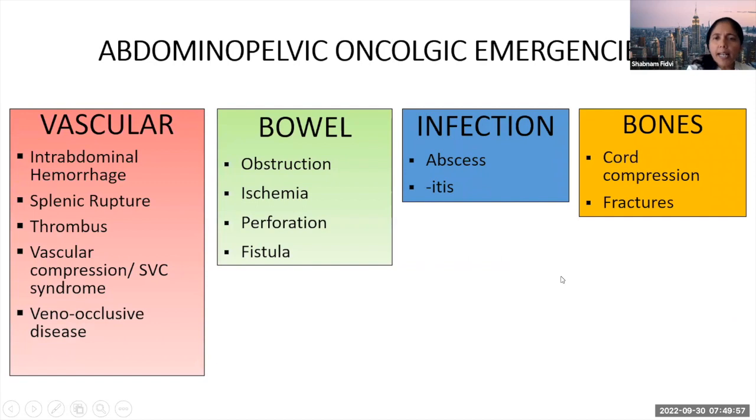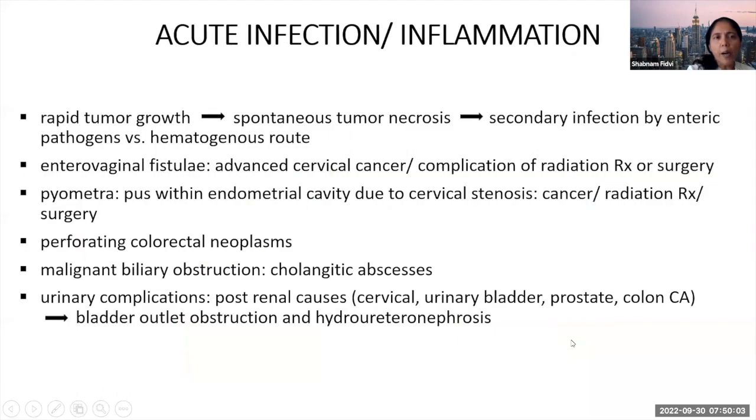Moving on to the next subset of discussion, which is infection, and I'll show you some examples. This slide depicts the different scenarios of infection that can complicate patients with tumors. I'm going to show you examples of enterovaginal fistulae.